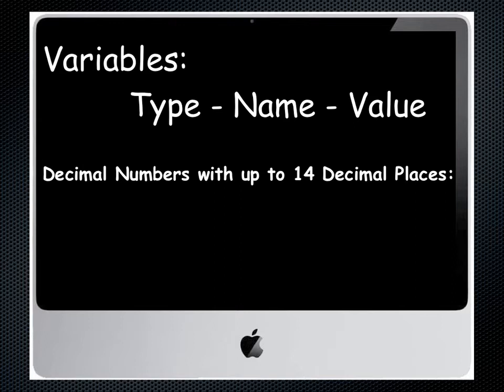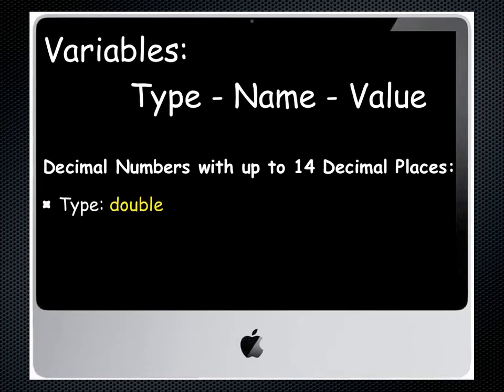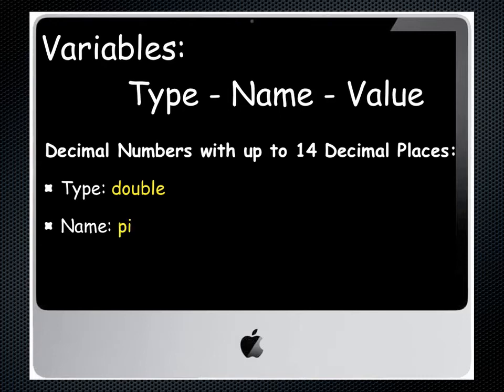Sometimes we want decimal numbers with more decimal places. We can store up to 14 in a variable called double. Double has twice the allocation of memory as float, hence it's called double. A typical variable we might want to use more decimals for could be pi.